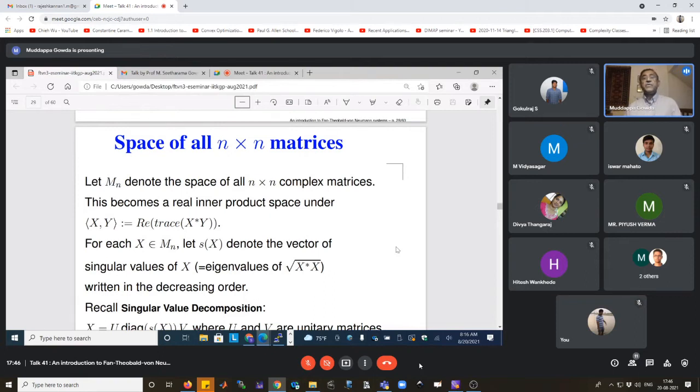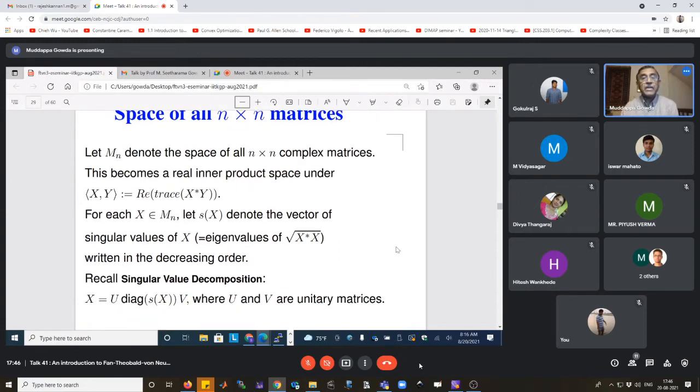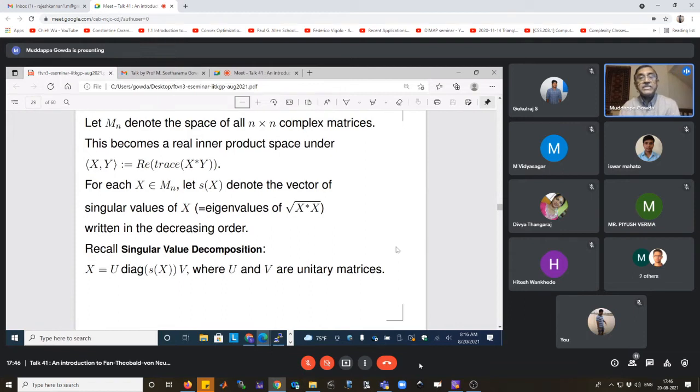This can be turned into a real inner product space under this inner product, the real part of the trace of x star y. And if s of x denotes the vector of singular values of x, which are the eigenvalues of the square root of x star x, then I can use this s of x and write the singular value decomposition.